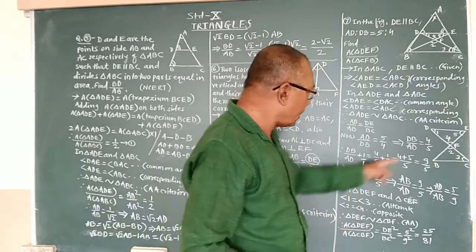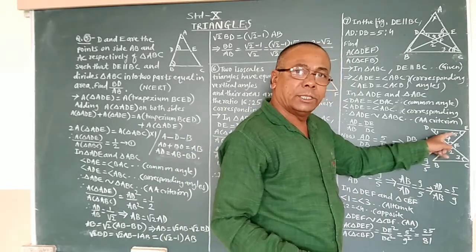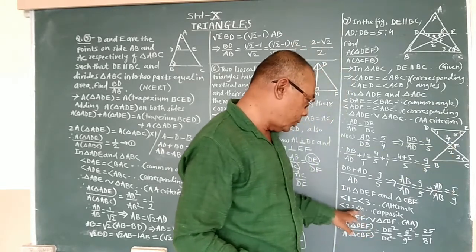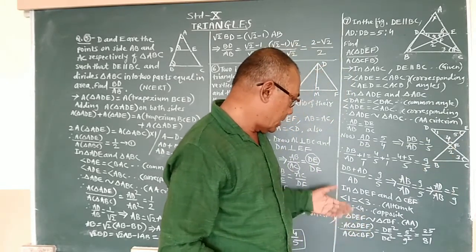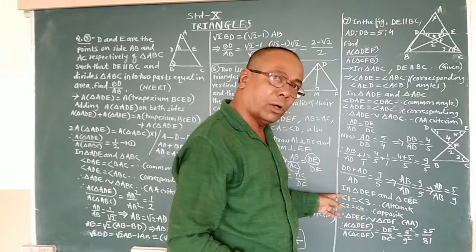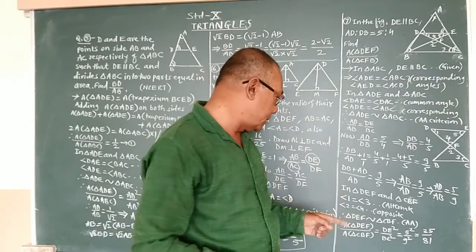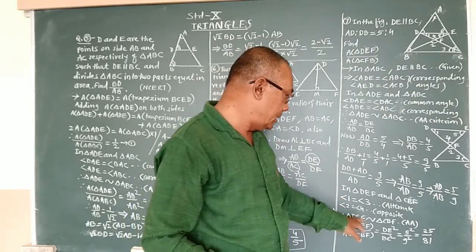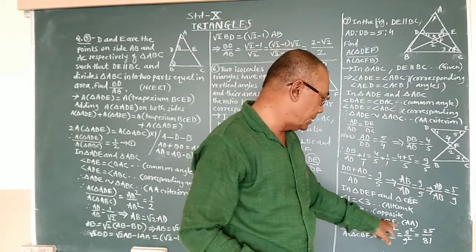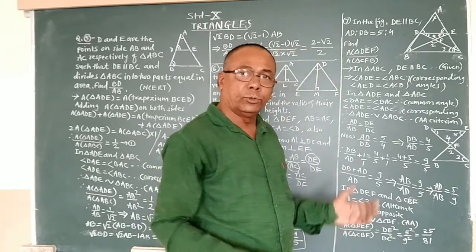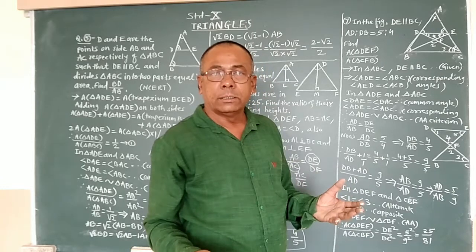Similarly, angle 2 and angle 4, these are the vertically opposite angles, and therefore angle 2 equal to angle 4, and therefore here two angles of one triangle are equal to corresponding two angles of the another triangle, and therefore triangle DEF similar triangle CBF by AA criteria.